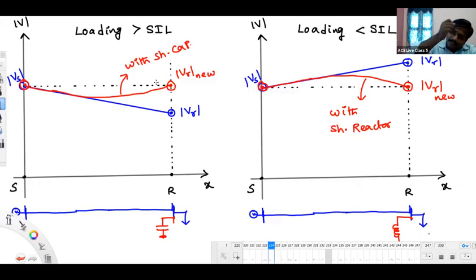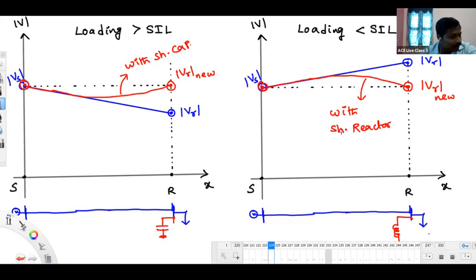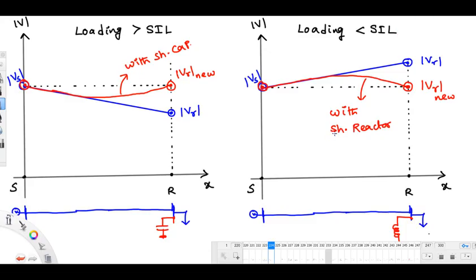It will start to decrease from the sending end side and then touch the receiving end side voltage, which will be equal to Vs. And this compensator is used for all the lines, short, long, and medium? Any type of line, according to the control of the voltage, we have to provide it. Okay, thank you, sir.